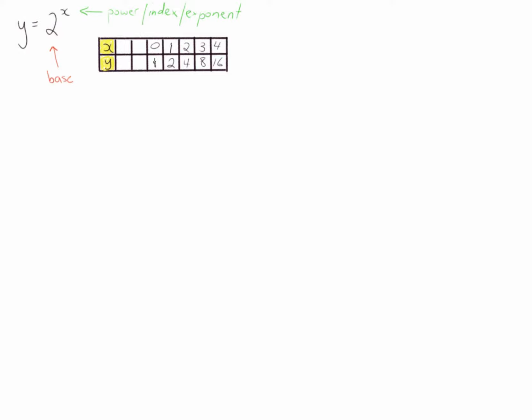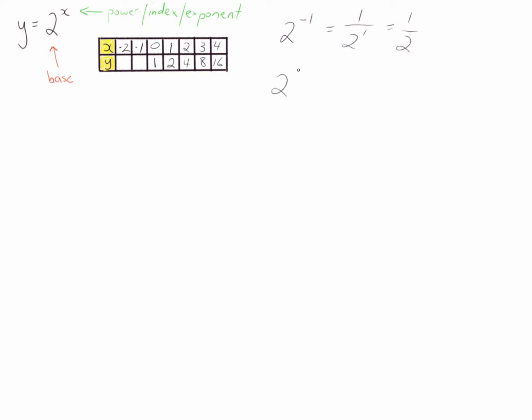What about negative numbers? Let's try negative 1, negative 2. Here we have to remember our negative index laws. 2 to the power of minus 1 can be written as 1 over 2 to the power of 1, or just 1/2.